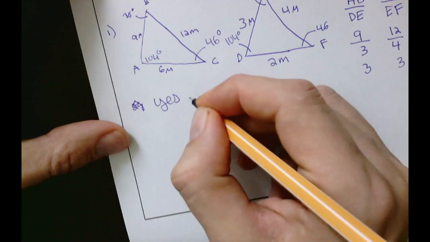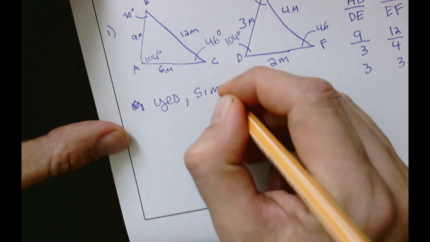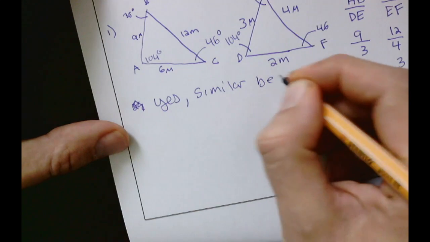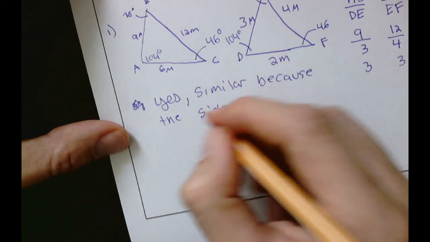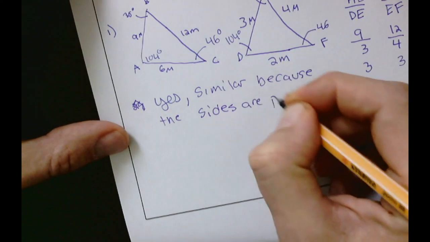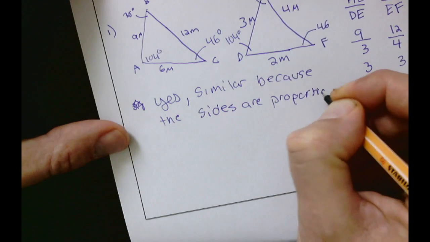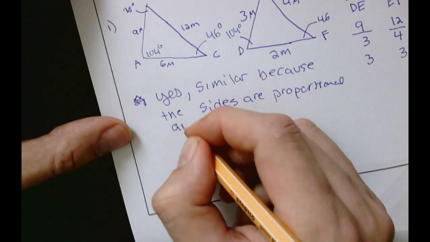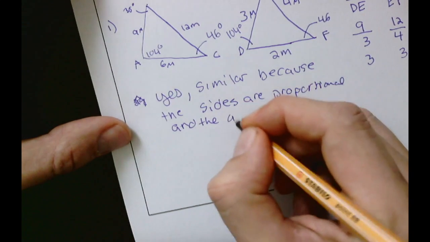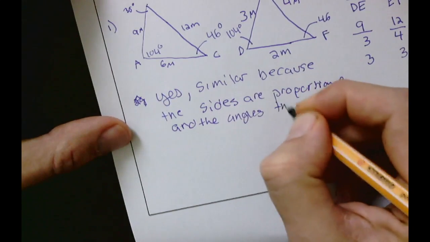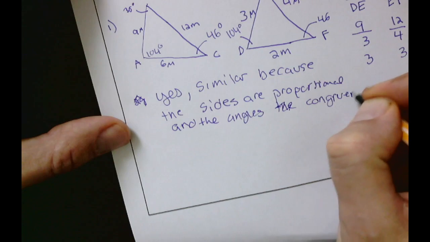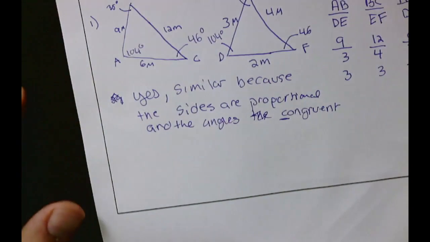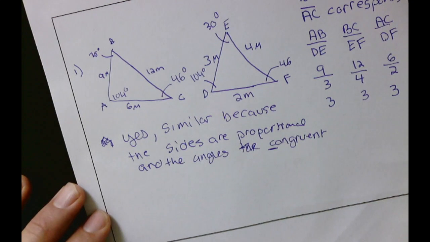So therefore we can conclude that yes, these are similar, because the sides are proportional, and the angles are the same. They're the same, but we're going to say congruent instead, because we want to use that fancy math word that starts with a C, congruent, copy.